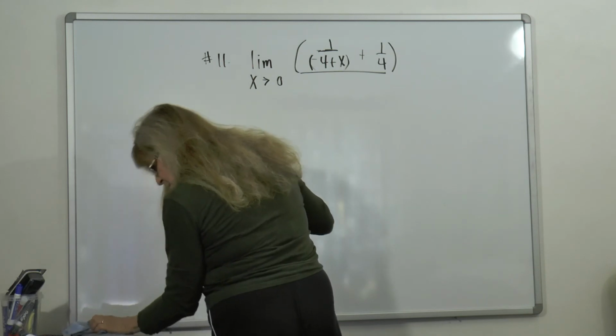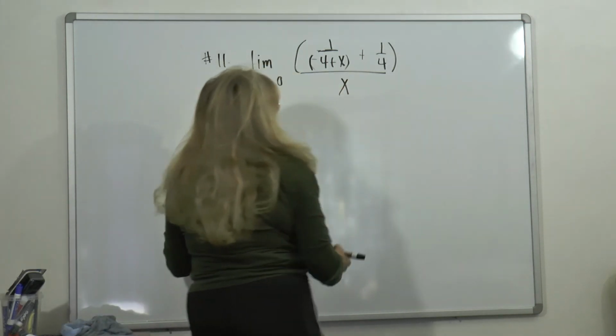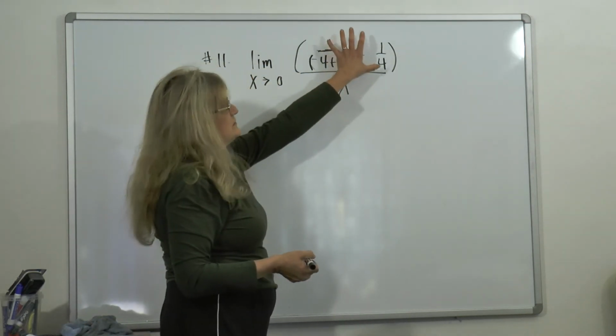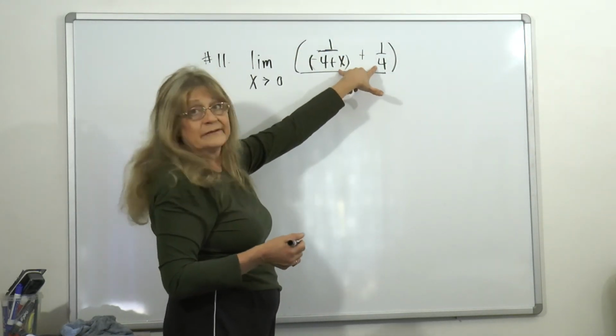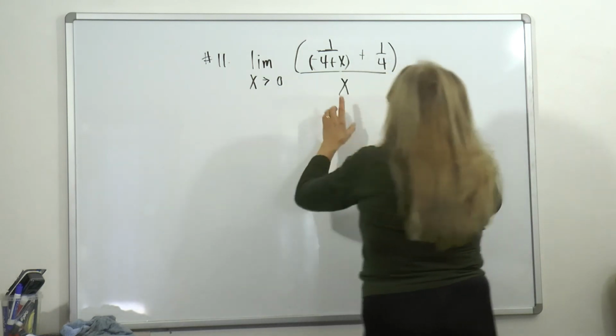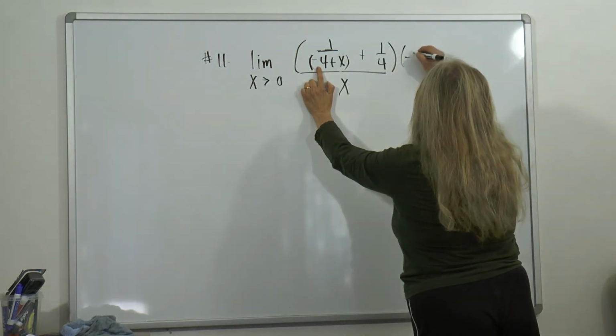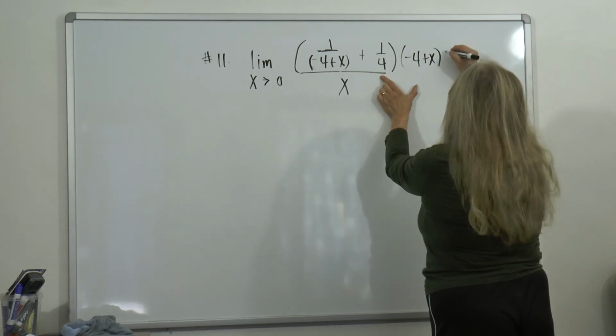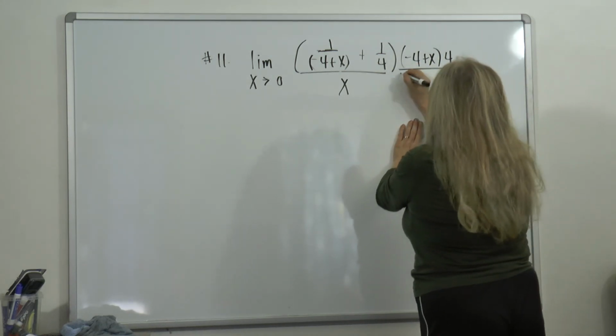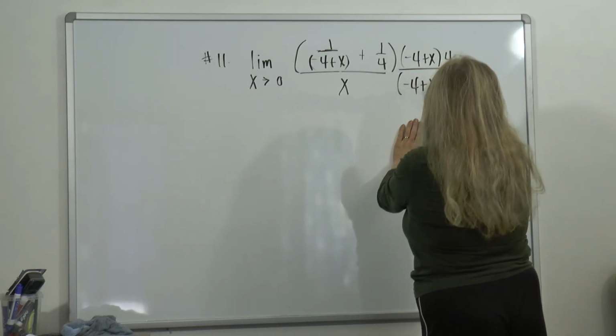And down here we just have an x. So I have these littler fractions within the big fraction, so I want to get rid of these little denominators. In order to get rid of this one, I have to multiply by negative 4 plus x. To get rid of this one, I have to multiply by 4. Top and bottom have to be identical.